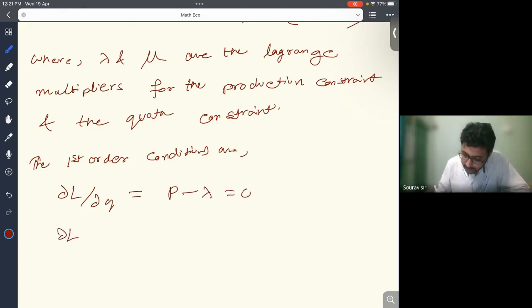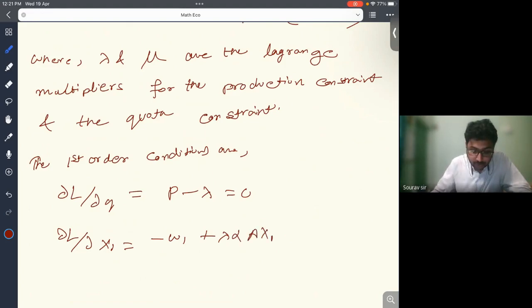Now if you differentiate it partially with respect to x1, you will find w1 plus lambda alpha A x1 to the power alpha minus 1 into x2 to the power 1 minus alpha plus mu is equal to 0.